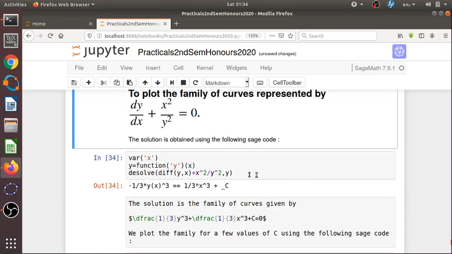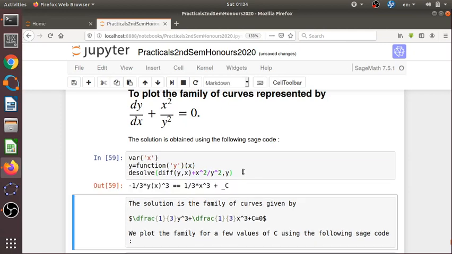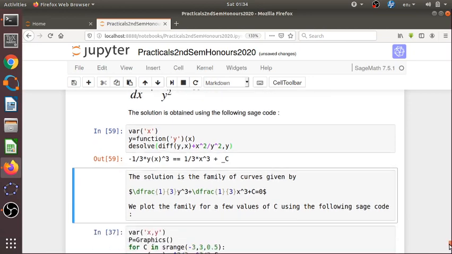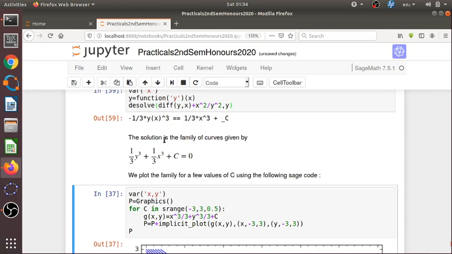So this is what: variable x, y, desolve diff x y comma minus x square by y square. Here also we don't need the initial conditions. So this is the curve: y cube by 3 equal to minus x cube by 3 plus c. We can take everything to one side and write the family of curves as y cube by 3 plus x cube by 3 plus c equal to 0.